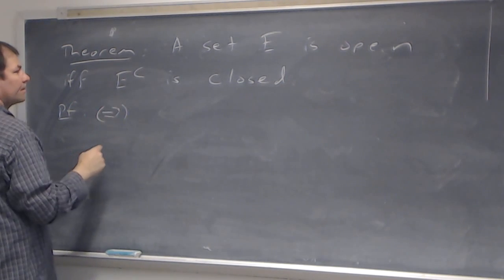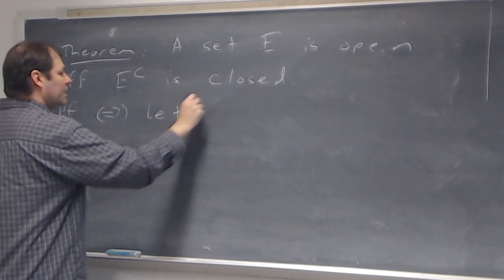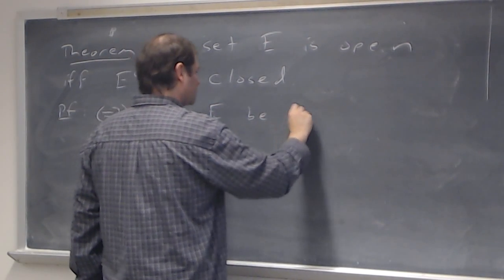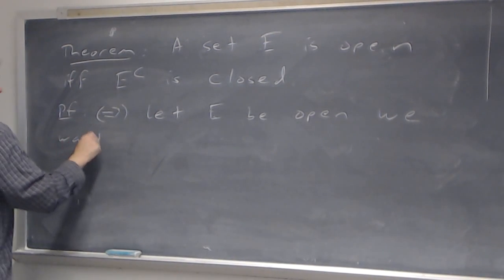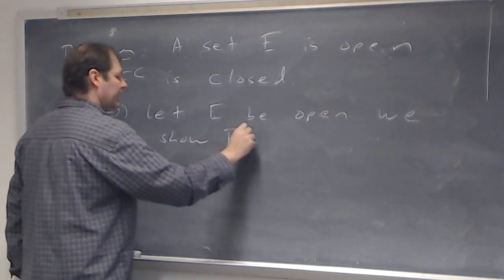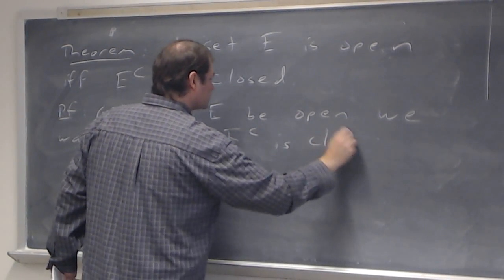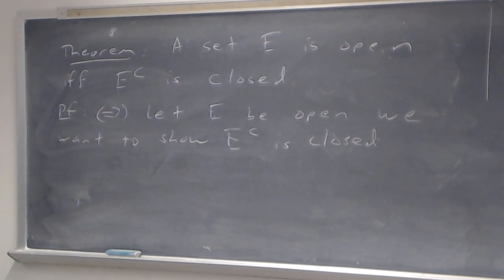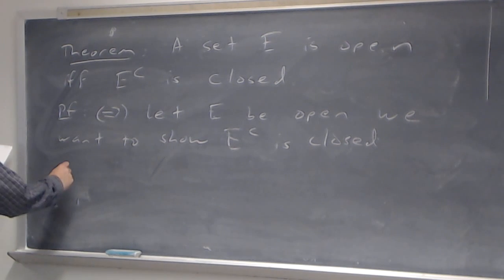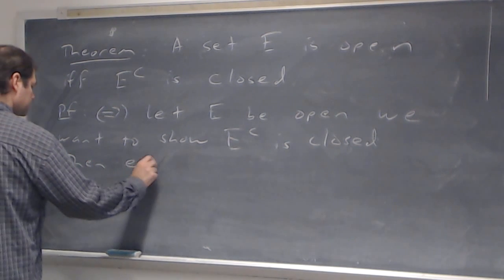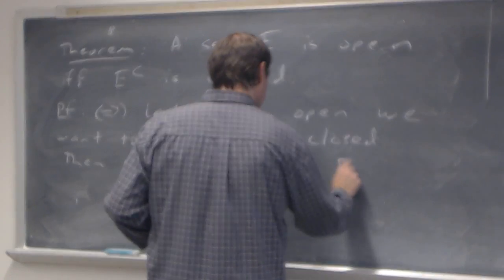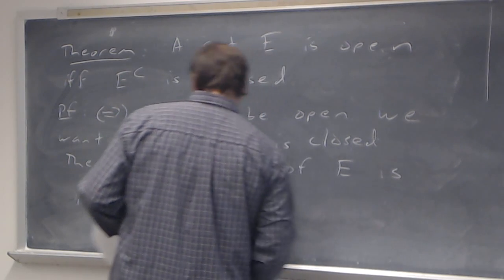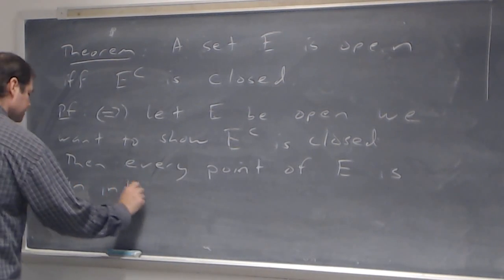We're going to have this direction. So we let E be open, and we want to show that E complement is closed. All right, so since E is open, every point of E is an interior point. That's what it means to be open.